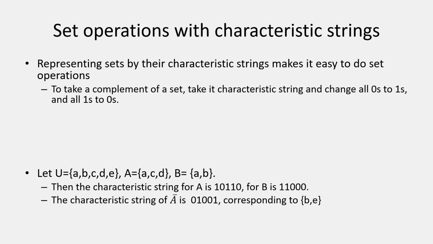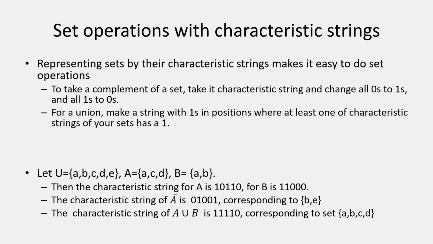If we do it to the set A, then we end up with a string 0, 1, 0, 0, 1. And what it means in terms of characteristic strings, that's a set that contains the second element, B, and the last element, E, and doesn't contain anything else. So this corresponds to a set BE, and you could check that indeed BE is the complement of ACD with the universe that we have.